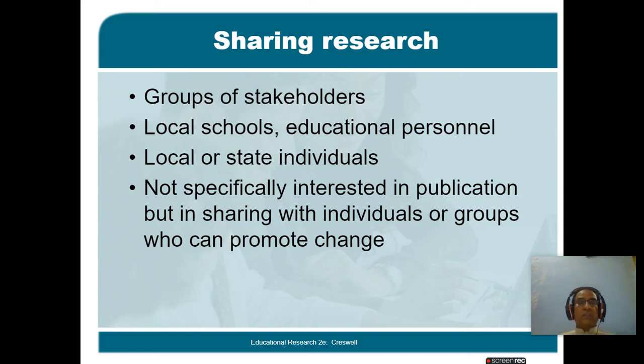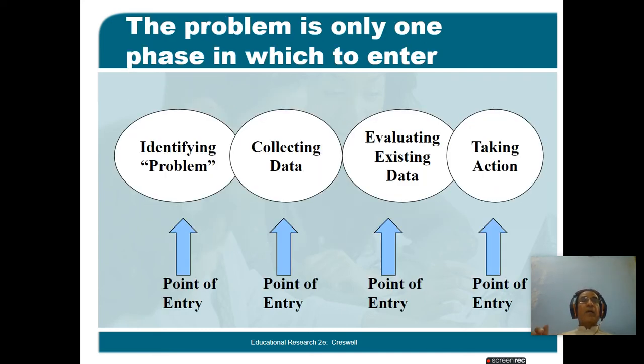Sharing research is not specifically interested in publication, but in sharing with individuals and groups who can promote change. Most action research is not published in journals because this kind of research is conducted locally. The problem is only one phase, in which the center is first identifying the problem, collecting data, evaluating existing data, and taking action.